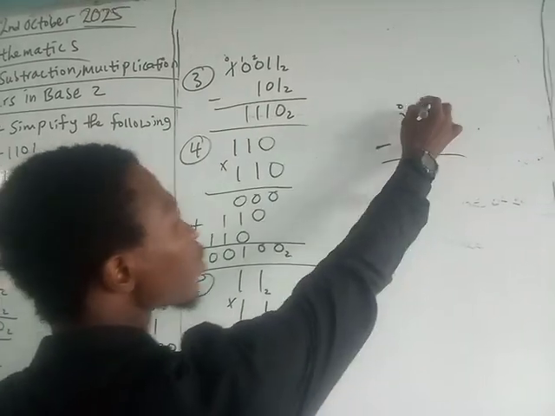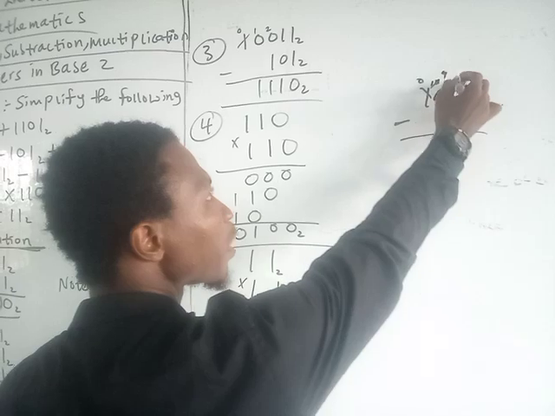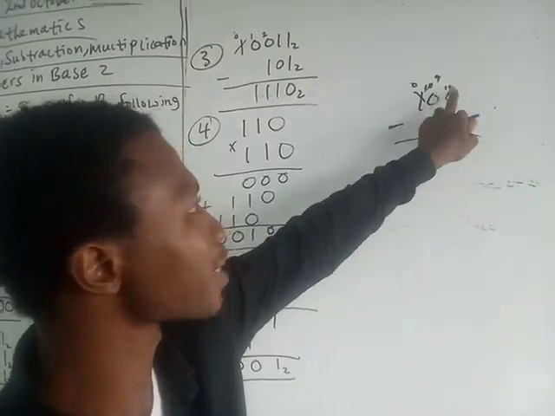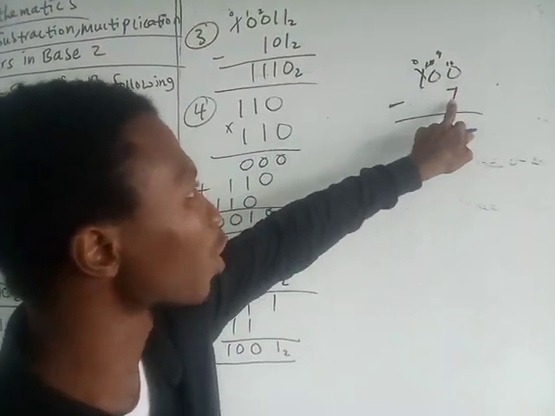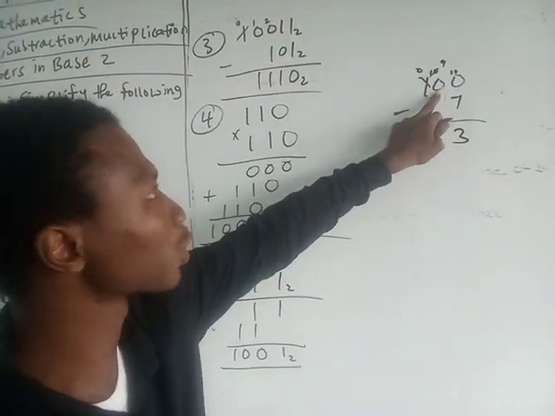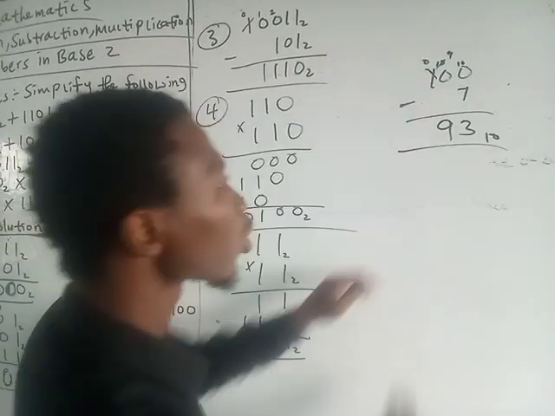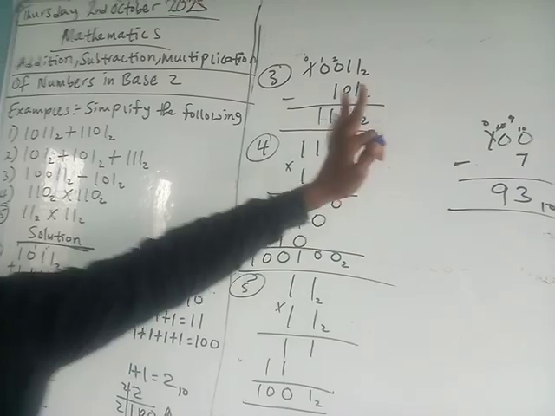When you borrow from this, you have 9 left. And when you bring what you borrowed to this place, you have 10. So 10 minus 7 gives 3. Then 9 minus nothing is 9.